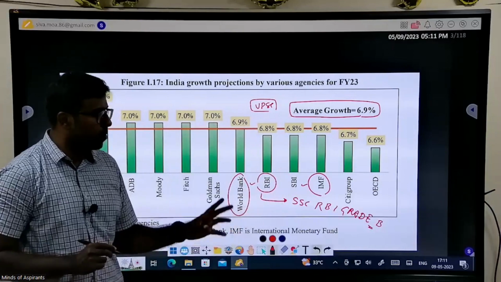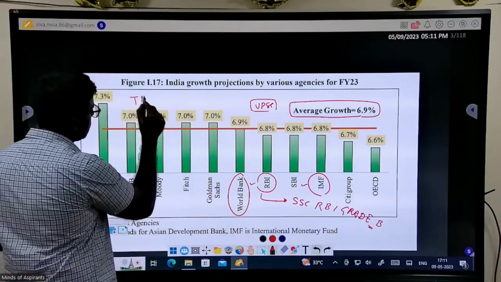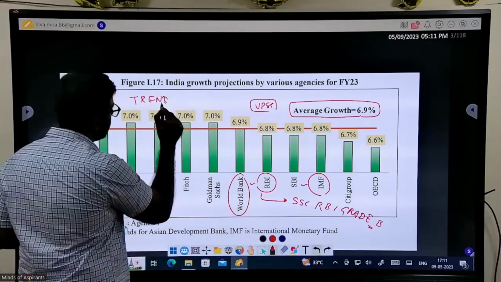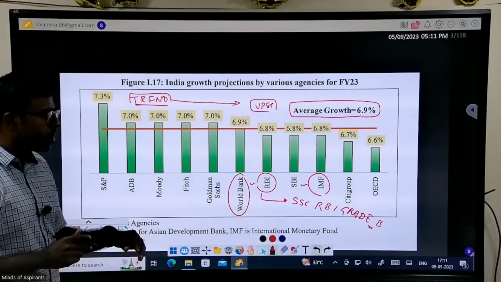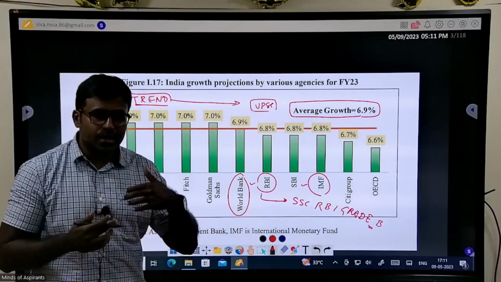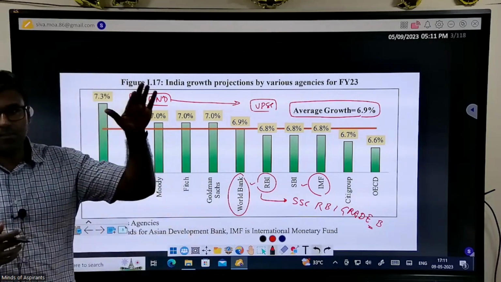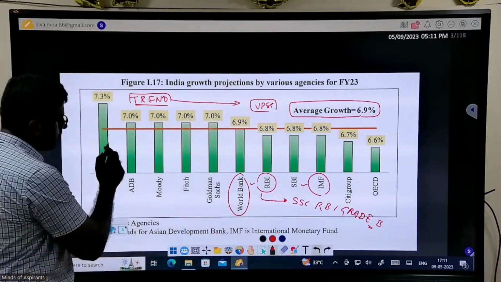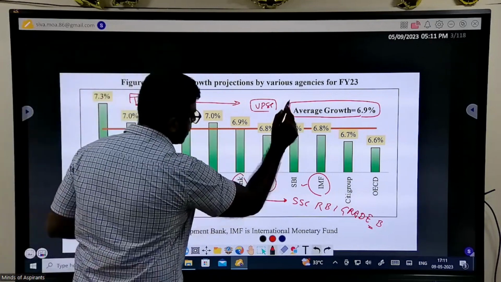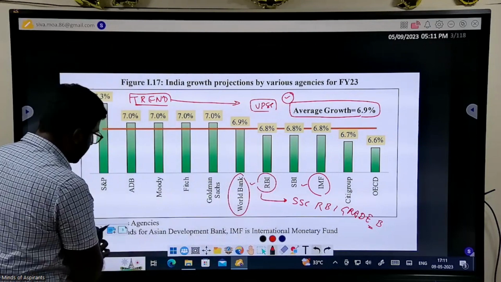In UPSC, what you have to know is the trend of growth: how the GDP growth has been, whether it has been increasing, decreasing, or continuously increasing. This slide is the average growth India has, but it is not about the trend. The trend is in the next slide.